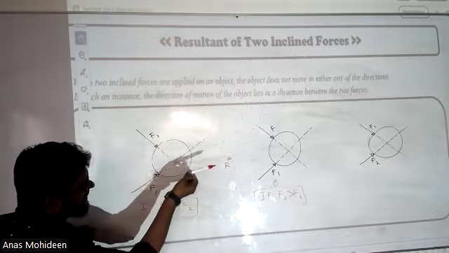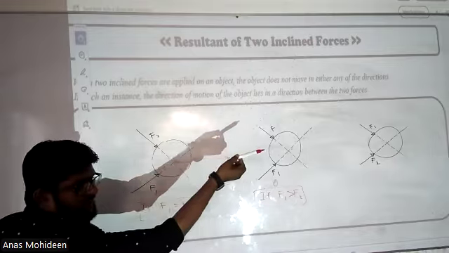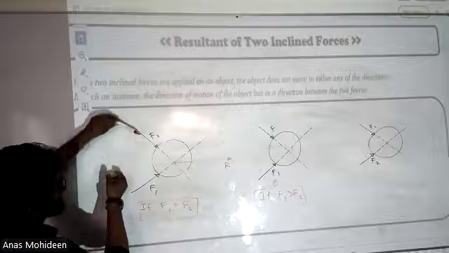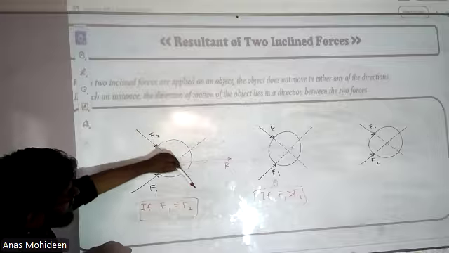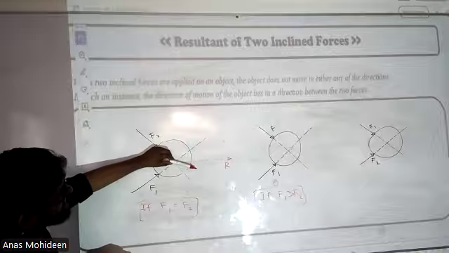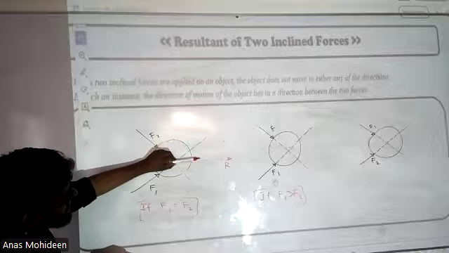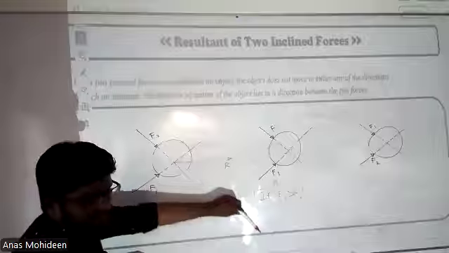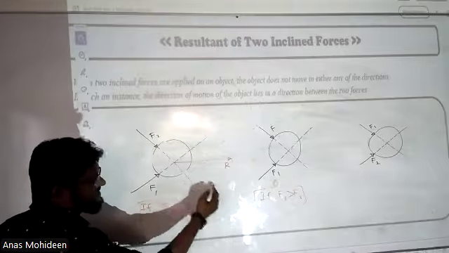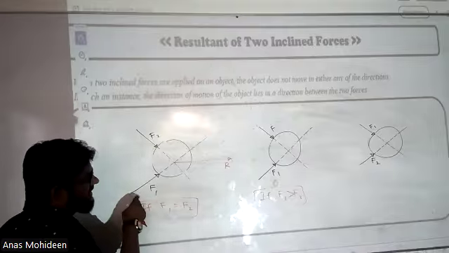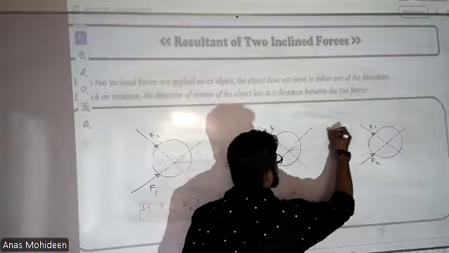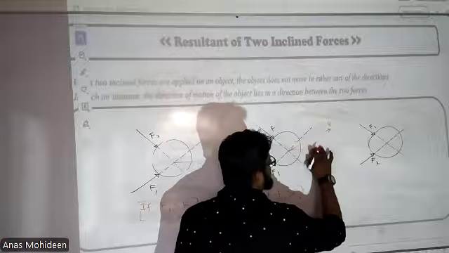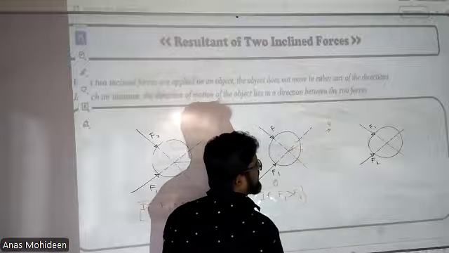Got my point? So if F1 is greater, the resultant will be acting somewhere between these lines.